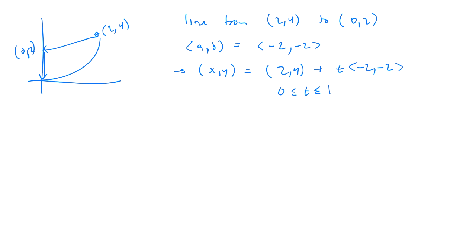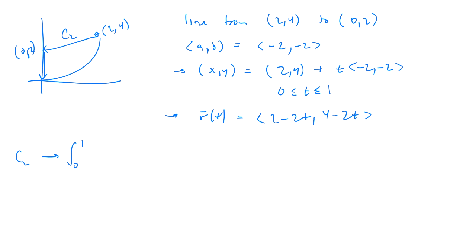So if you use this type of parameterization for the line, you don't have to worry about what the values of t are. So here we would get that our parameterization at t is 2 minus 2t and 4 minus 2t. This is for C2.